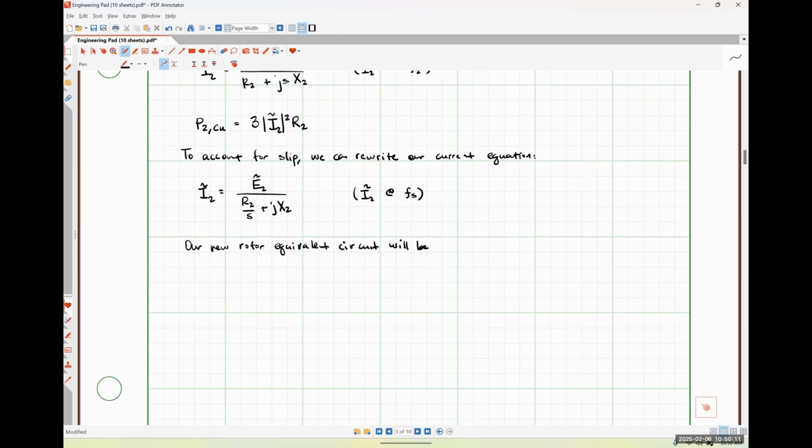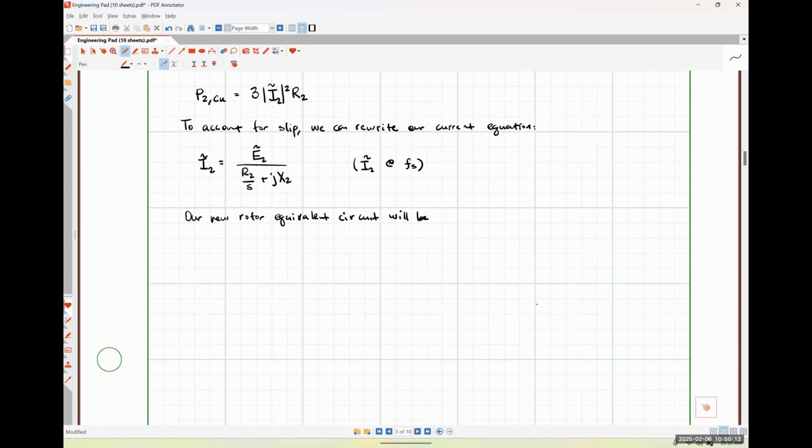So our new equivalent circuit, and I'm literally just dividing things through by S, what we're going to see is that we've got our terminals. So here's plus and minus. This is just our voltage E2. Here's our reactance jX2. And here is our resistance.